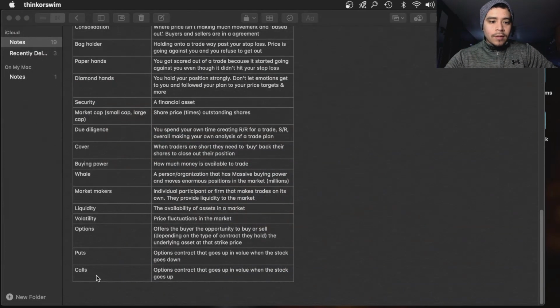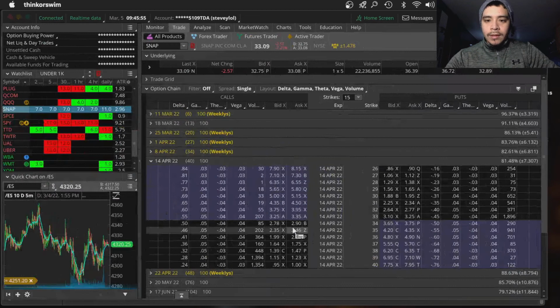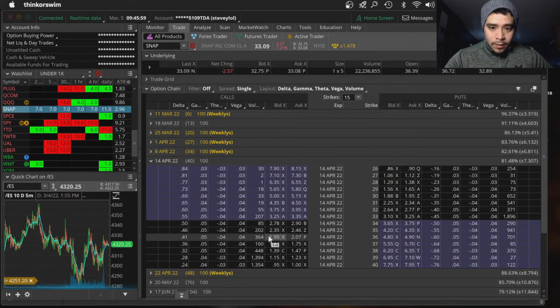Okay, puts, calls. So this is in regards to the options. A put is an option contract that goes up in value when the stock goes down. Calls are option contracts that go up in value when the stock goes up. So these are call contracts.